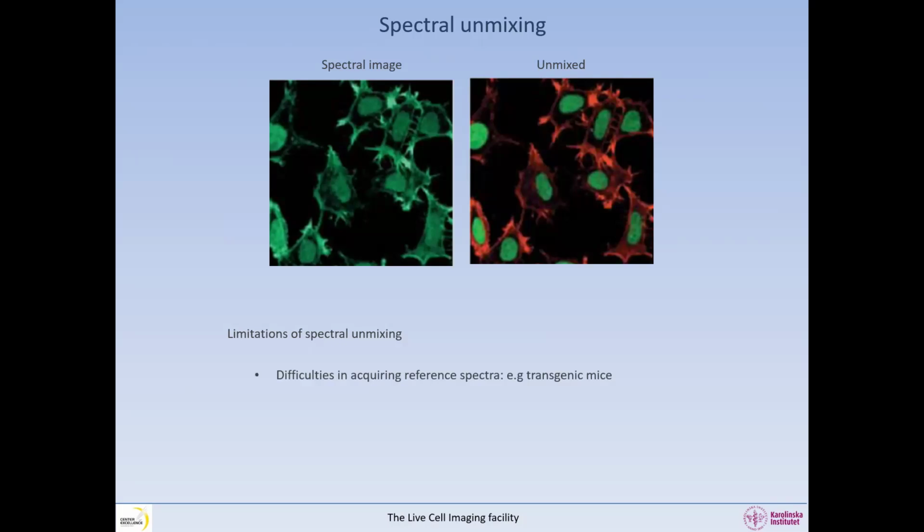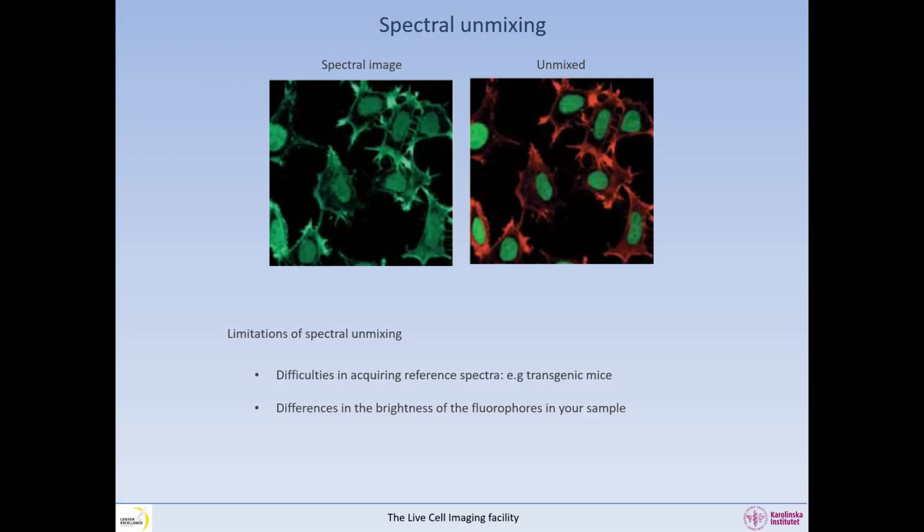of using this technique. It's not always easy to acquire the reference spectrum, especially if you work with transgenic mice. If you have too big of a difference in the brightness of your fluorophores in the sample, you will get very weird results, not really trustworthy.